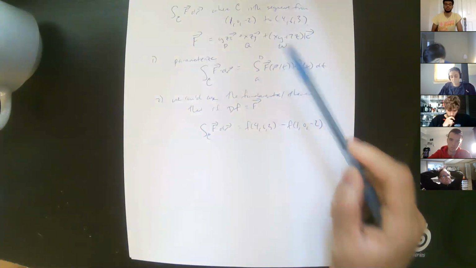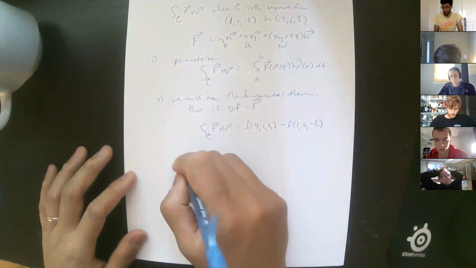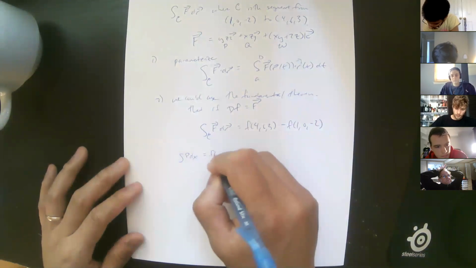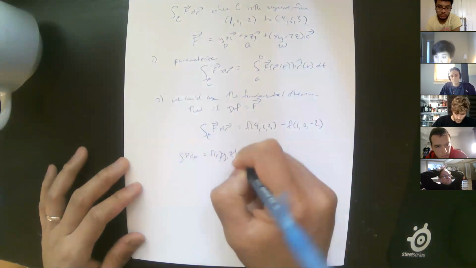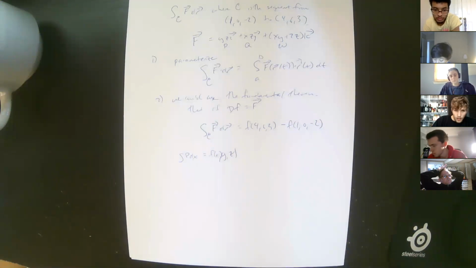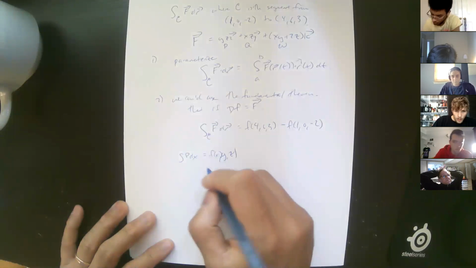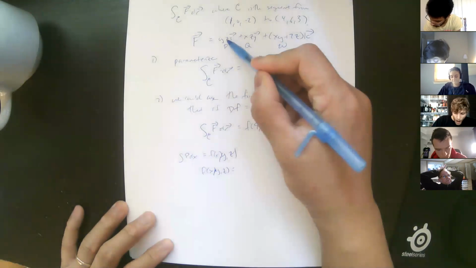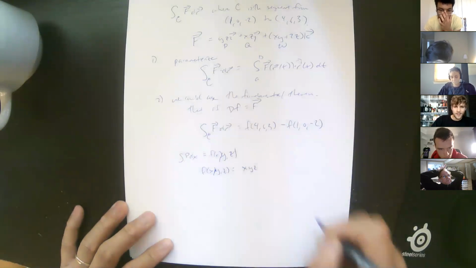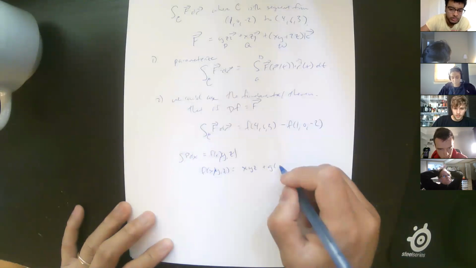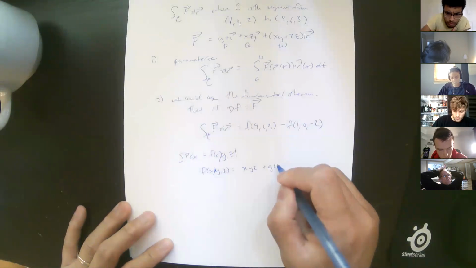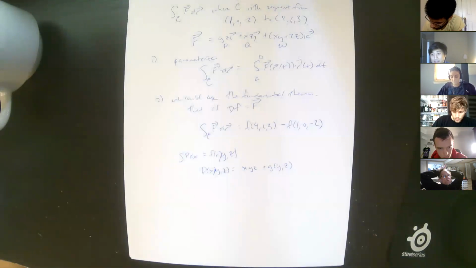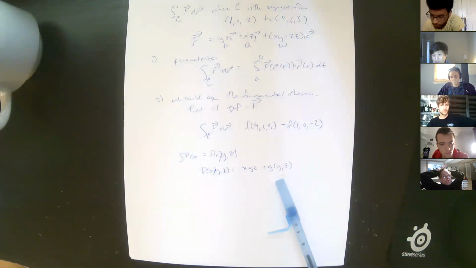So I know that the integral of P dx is f, by definition of P. If I integrate with respect to x, f of x, y, z is xyz plus some function that has only y's and z's in it, because when I take the derivative with respect to x, this could disappear.